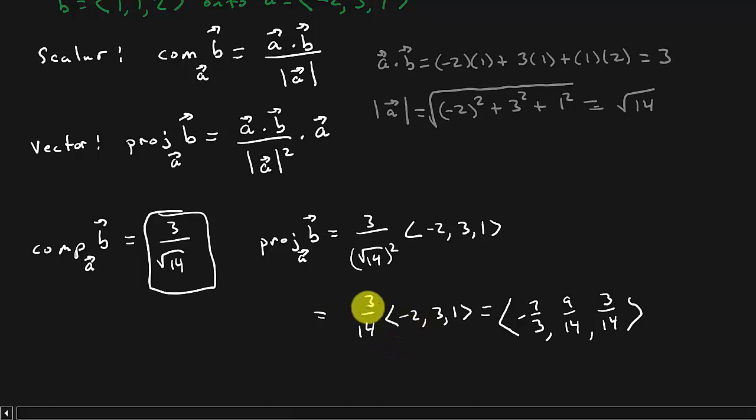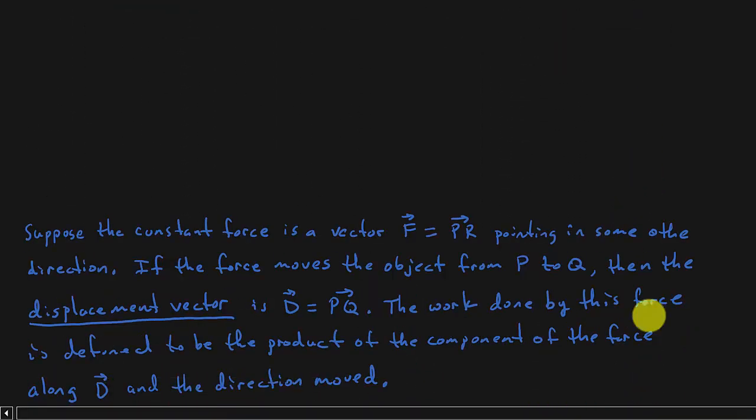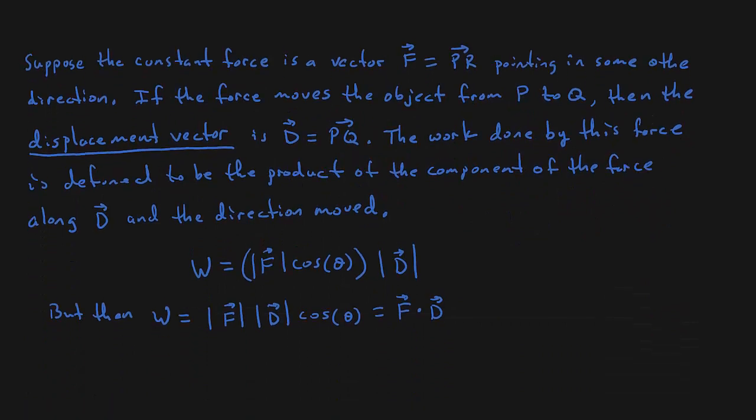I just multiplied this vector times the scalar, 3 over 14. And there's your vector projection. Okay, believe it or not, we are almost done here. We've got this to look at and two more examples, and we will be finished. I know you're happy.